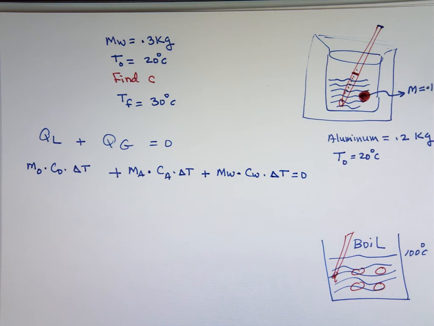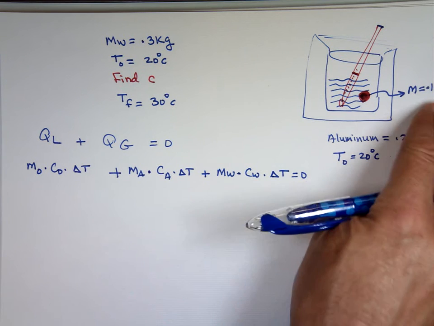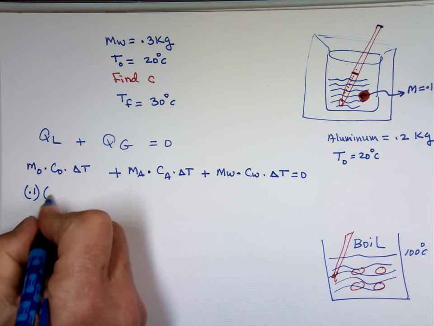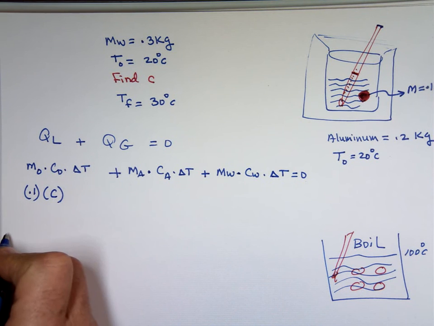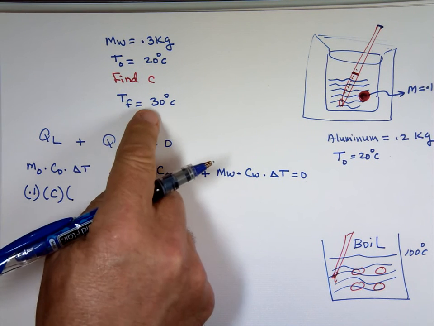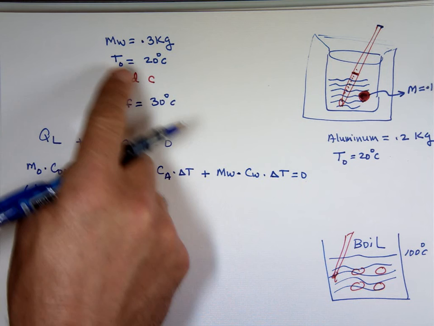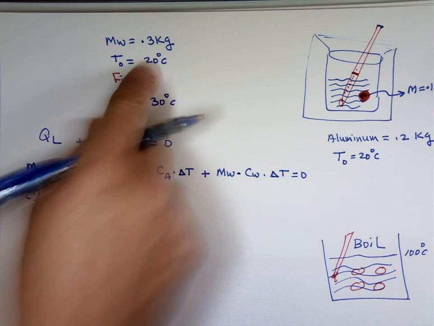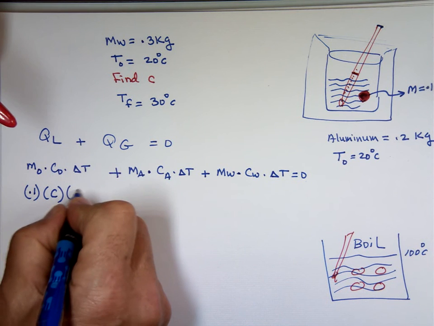Now the object I dropped in has a mass of 0.1. I don't know what C for the object is. I'm looking for it. I know the change in temperature, final minus the initial. The final temperature is 30, the initial is 20. So 30 minus 20.